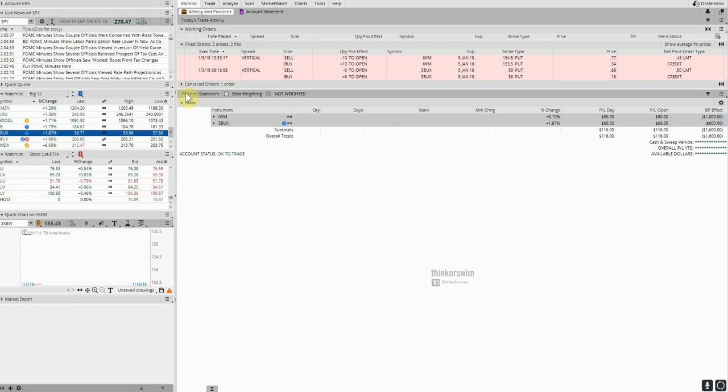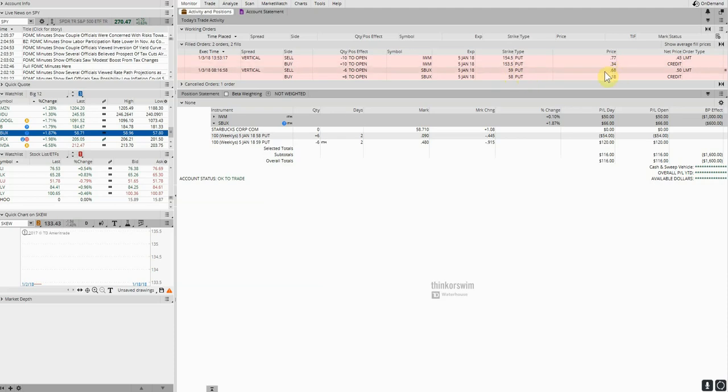This is going to be a quick video on some advanced options trading strategies. So here today I entered into a vertical bull spread on Starbucks. As you can see here, we sold to open the Starbucks 5th of January 2018 59 strike put options.